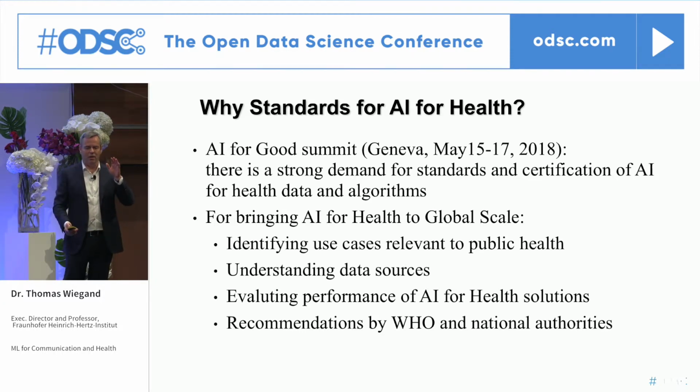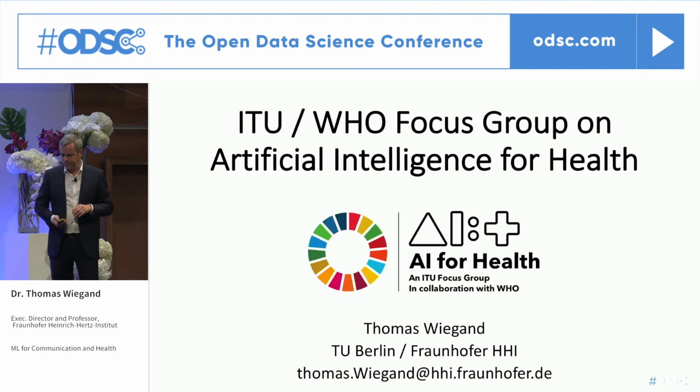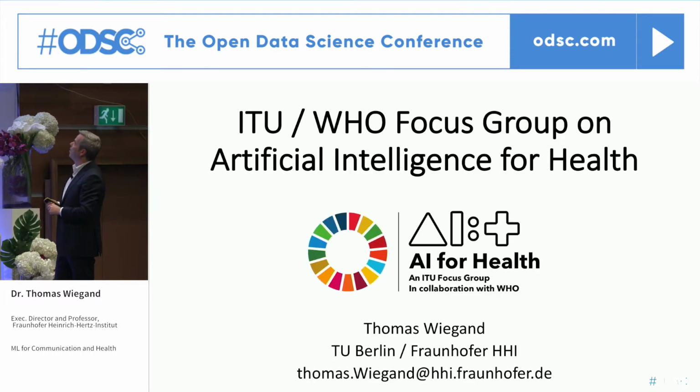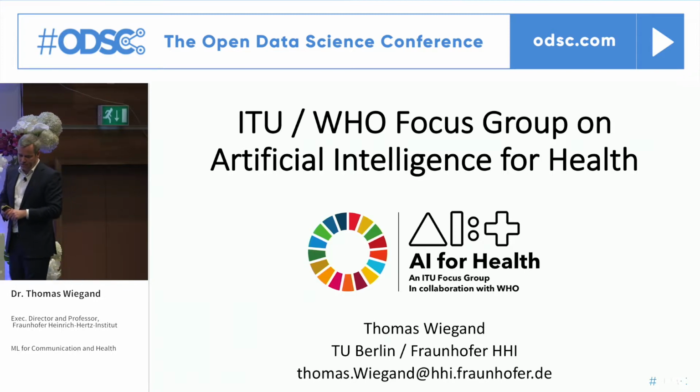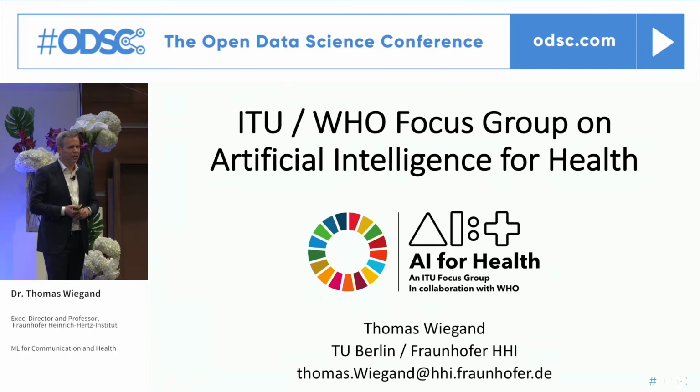At the end of the day, we would produce a document with numbers that WHO or other national entities can use to make a recommendation on an AI algorithm. So, the focus group on artificial intelligence for health has been created in July this year.